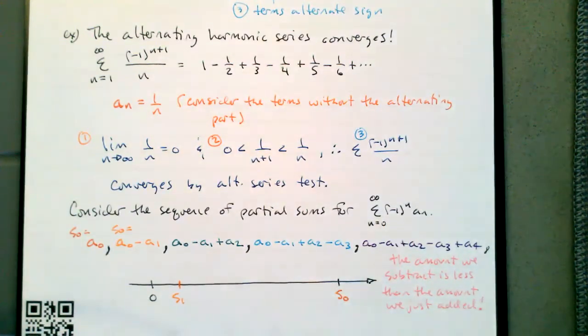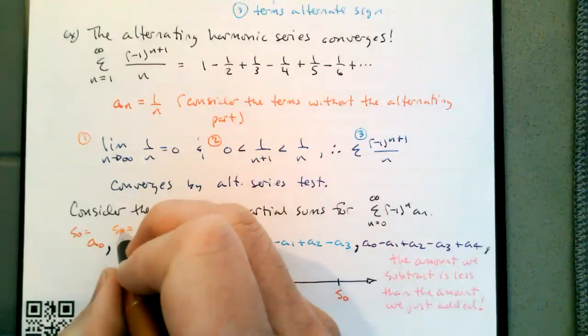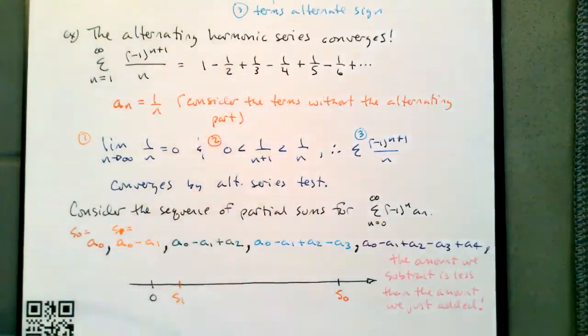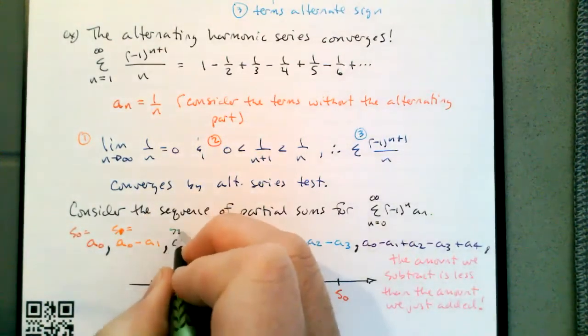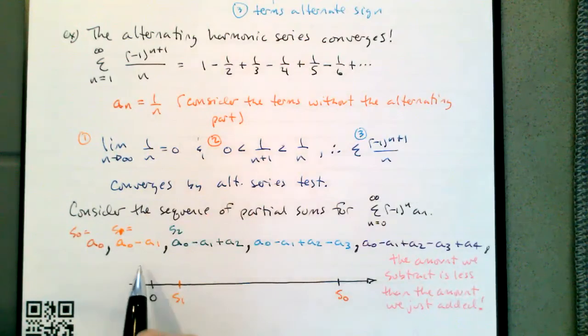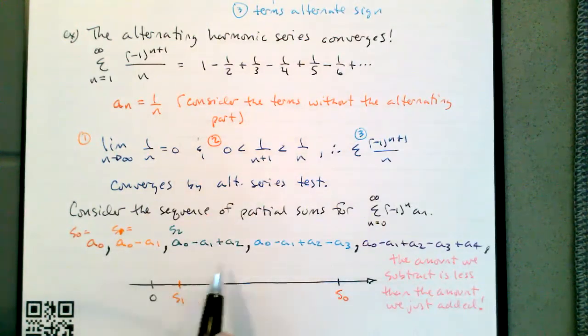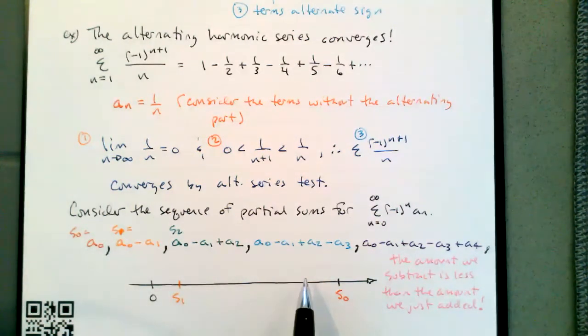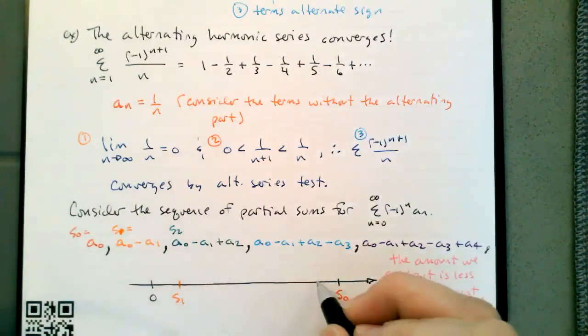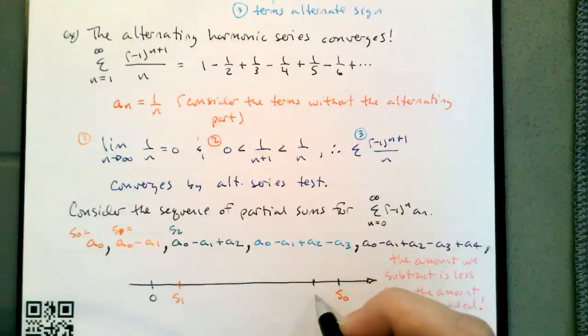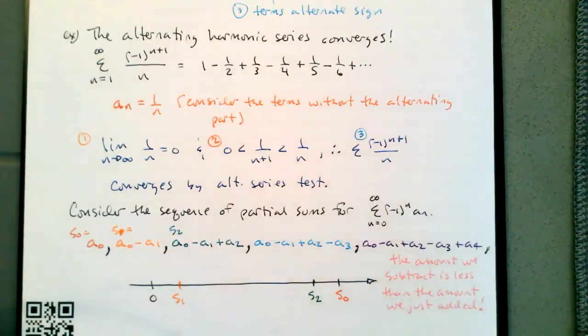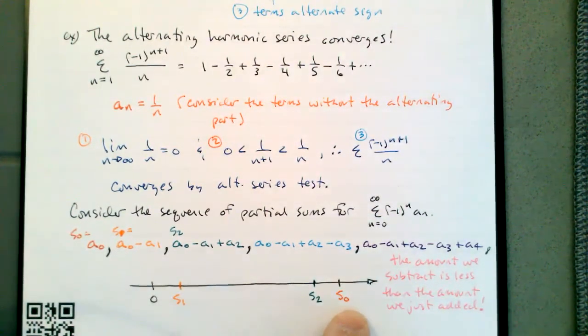Now, if I go to plot S2, or oops, that was S1. When we go to plot S2, we're going to take A0 minus A1, and then we're going to add A2. But the amount that we add to A0 minus A1 is less than the amount we just subtracted. So S2 will have to be between S1 and S0.